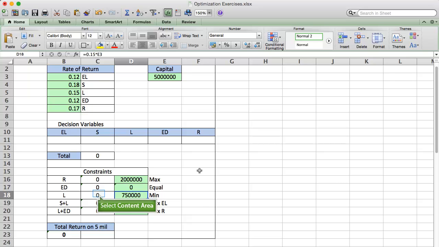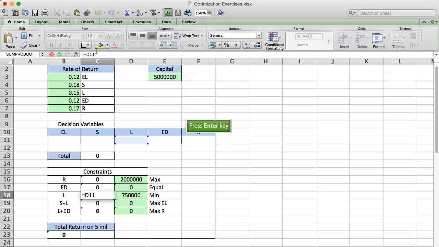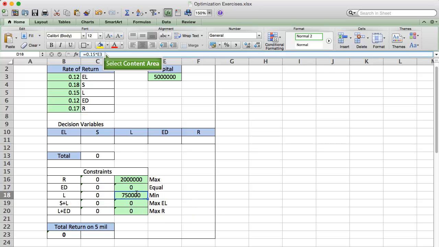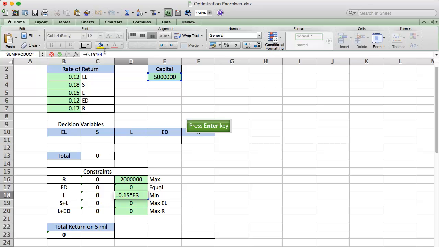So again, I'm using cell references. D11 is our logistics amount, and 0.15 or 15% of our 5 million is the minimum for our constraint.